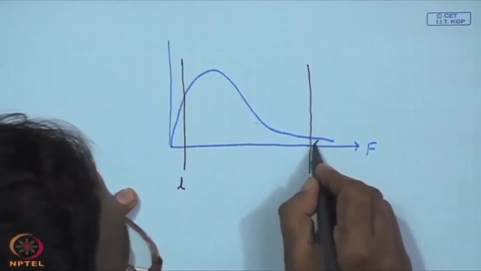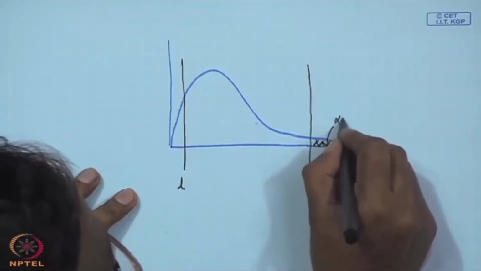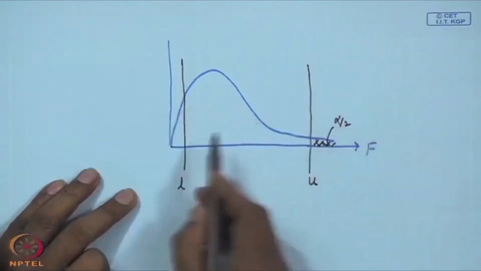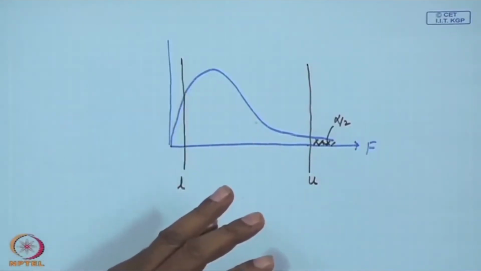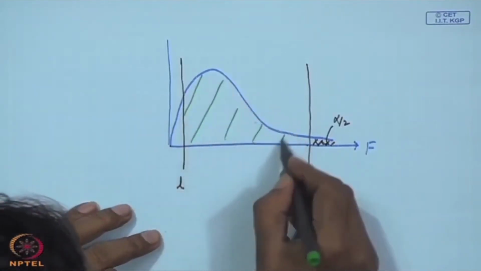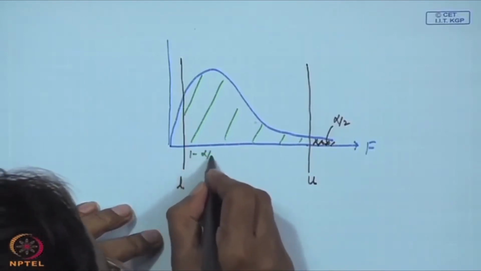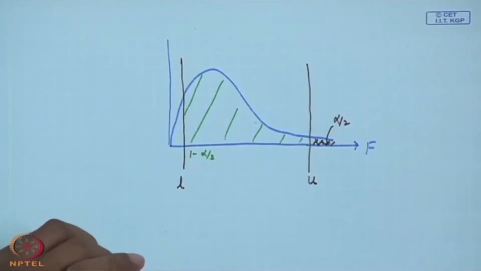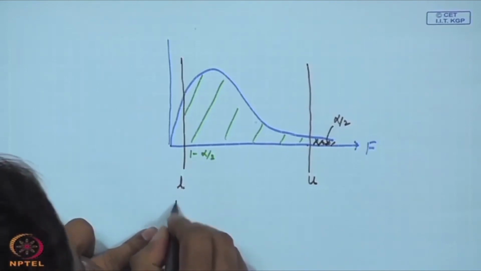If I consider alpha, then this side probability will be alpha by 2, and that side probability will be alpha by 2, but the right hand side probability, if I consider the entirety here, this total probability is 1 minus alpha by 2. Then the corresponding F values you will get. What will be the F value here?